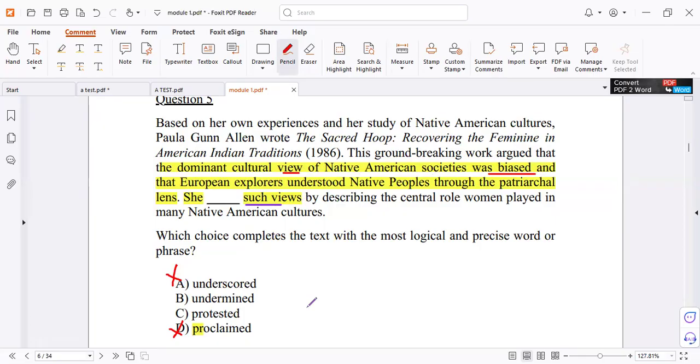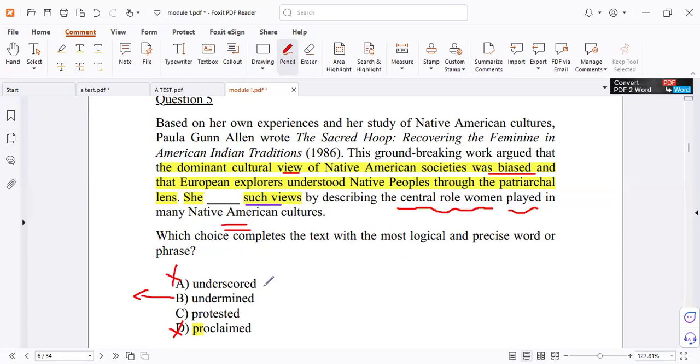Protested means she was against. Okay, but undermined means to weaken, to prove that something is wrong. Remember, because it's a common word. So she proved that such views are wrong by describing the central role women played in many Native American cultures.